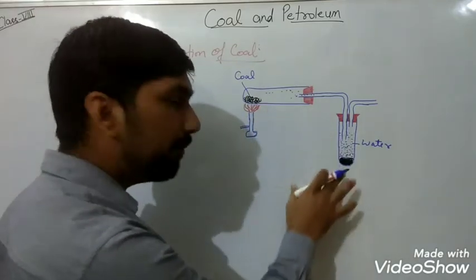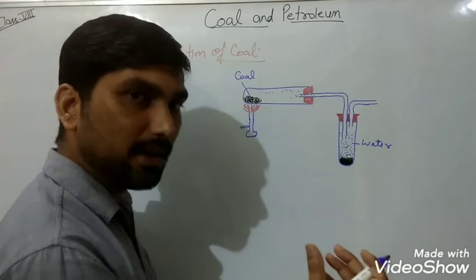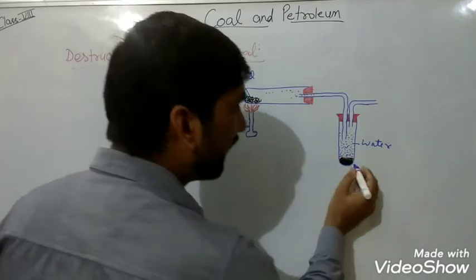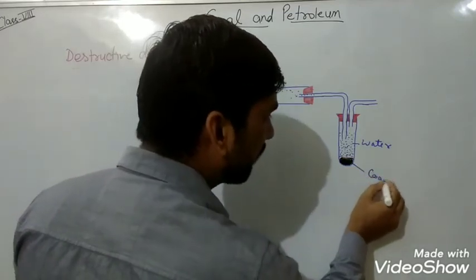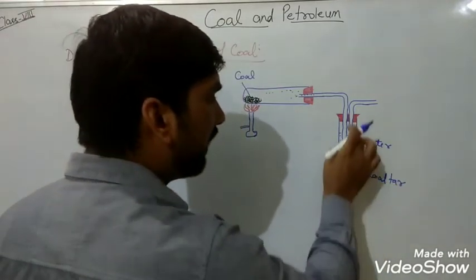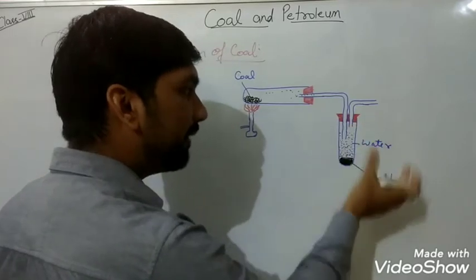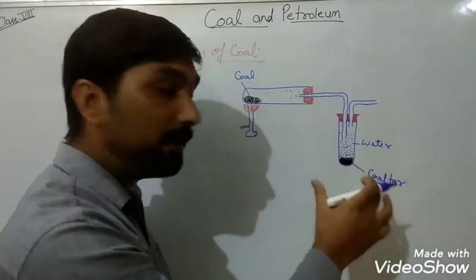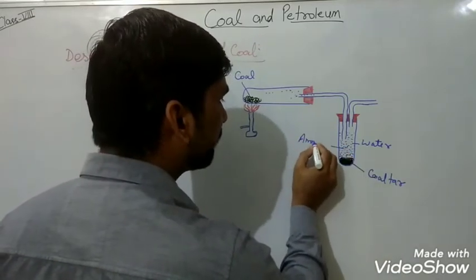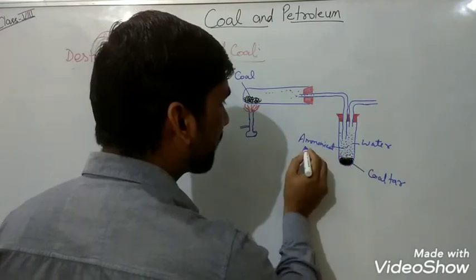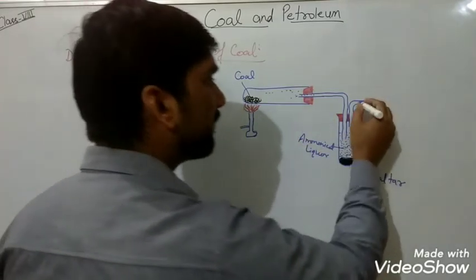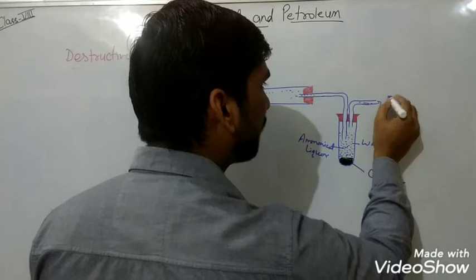The insoluble impurity, that is black in color and very viscous, will settle down at the bottom of this test tube. It is known as coal tar. It is a very black and viscous liquid. The soluble gas which will dissolve in the water and will be clear, that is ammonical liquor. And the volatile gas which comes out from this test tube is known as coal gas.